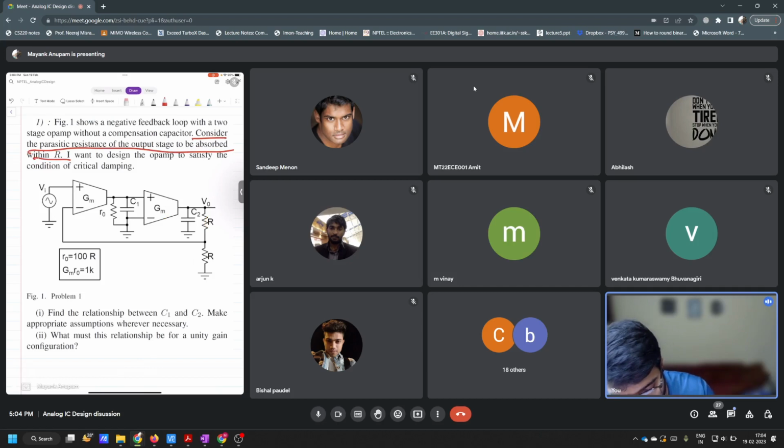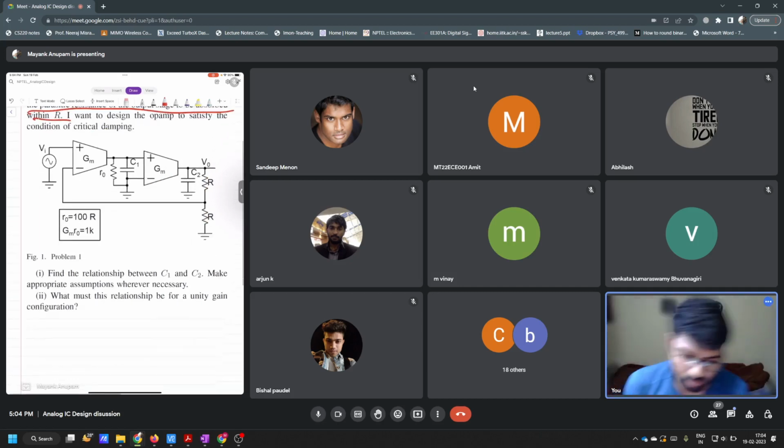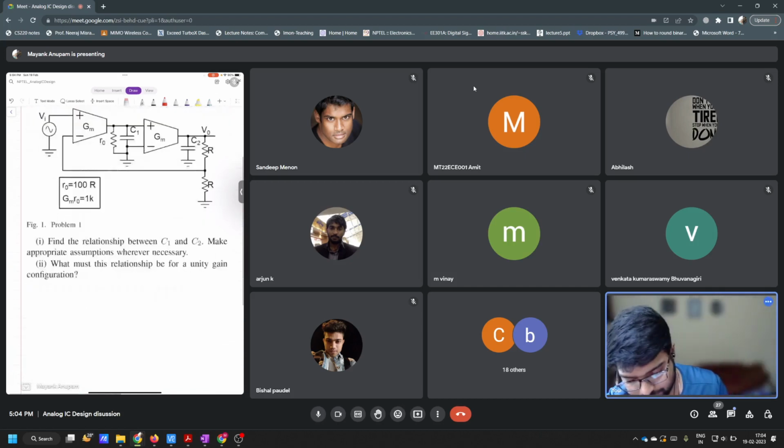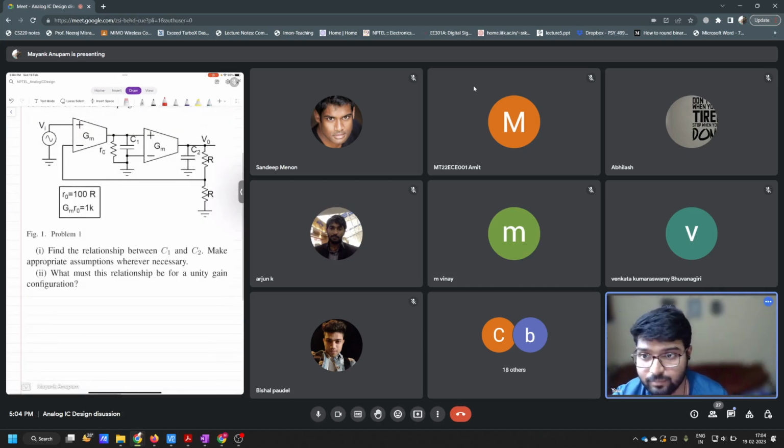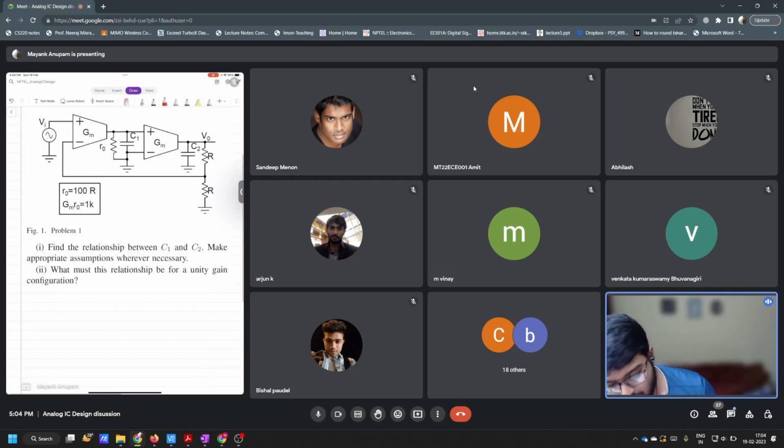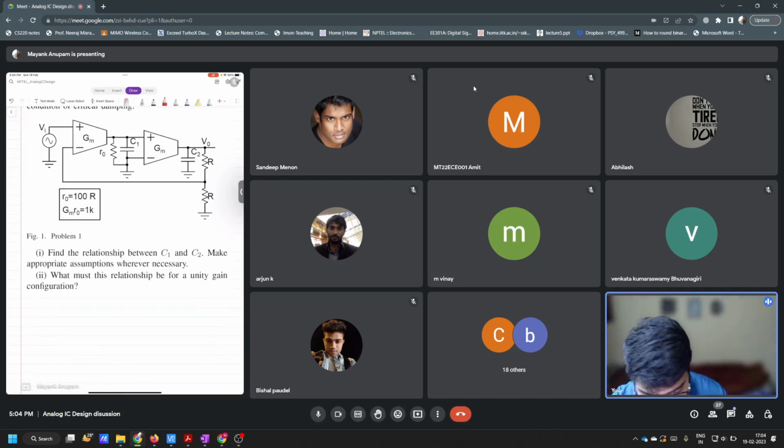I want to design the op amp to satisfy the condition of critical damping. So now how do you proceed? First of all, do you identify what kind of architecture this is? This is a 2-stage op amp, right? There are two gain stages in this, isn't it?